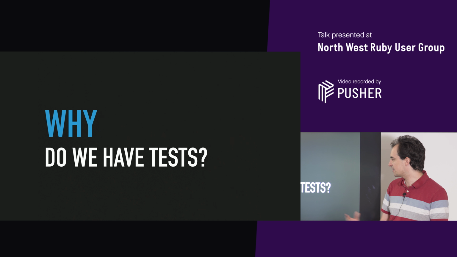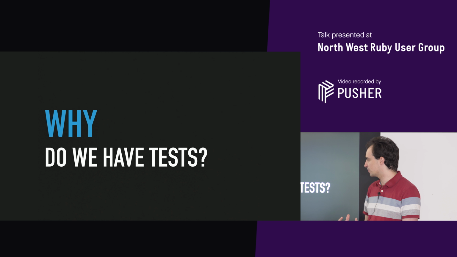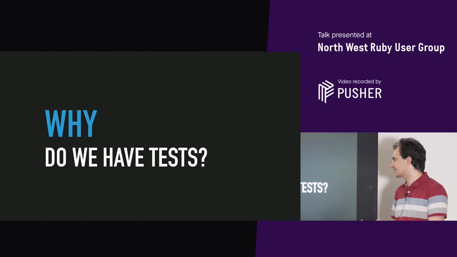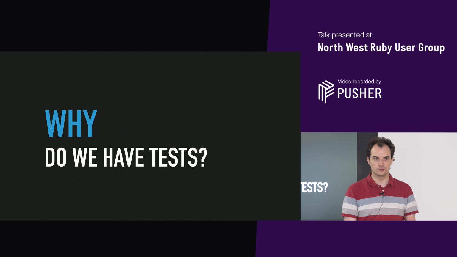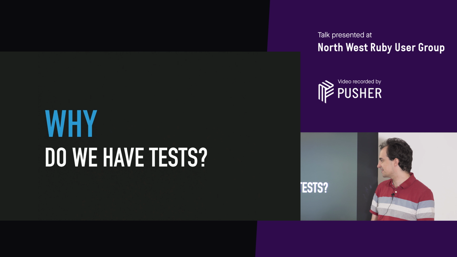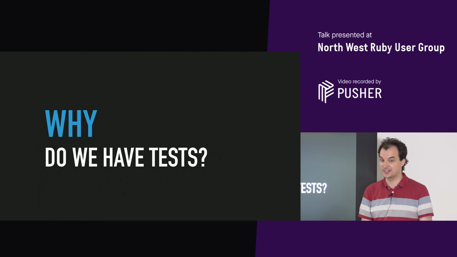So I'd like to step back for a bit and ask the question, why do we have tests in the first place? Specifically, why do we have an automated test suite? Hopefully, if you're all Ruby developers, you'll have or work on apps that have automated test suites that are run on some CI server somewhere, or at least on your own machine.